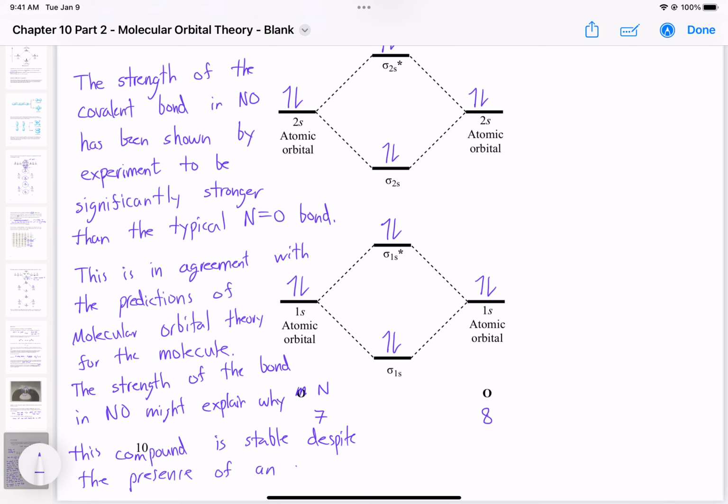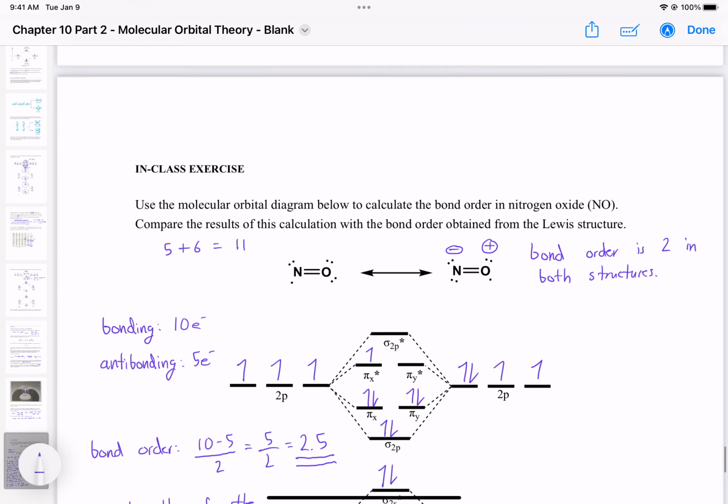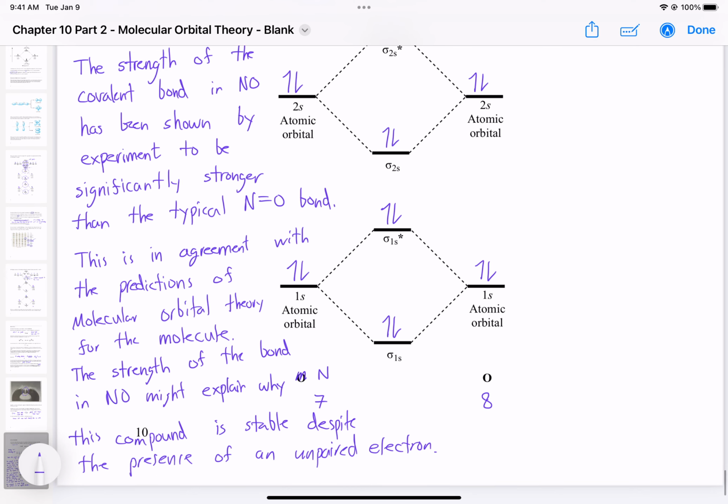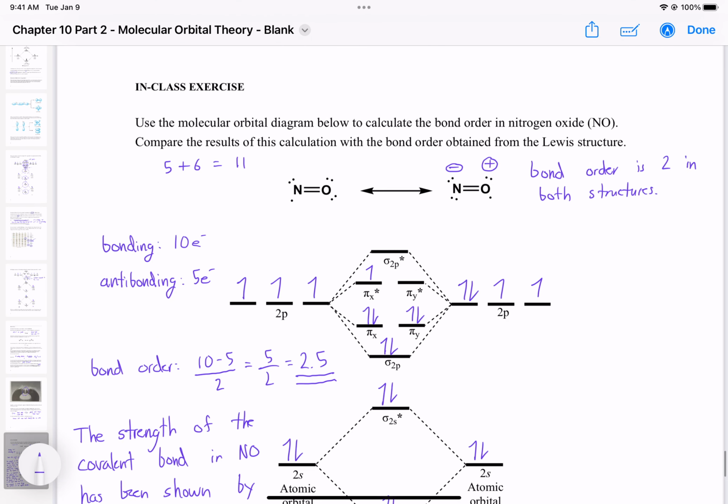Usually unpaired electrons are not very stable, and they tend to react with something to get an extra electron, but the bond order suggests that this bond is so stable that the lone pair that we drew up here for the Lewis structure is stabilized by the high bond order. So it's stable despite not having an octet for one of the atoms.